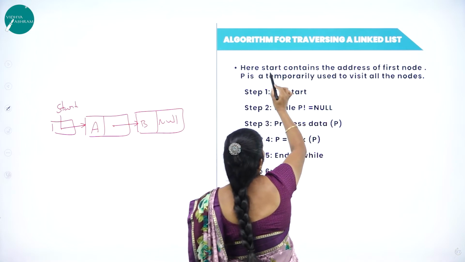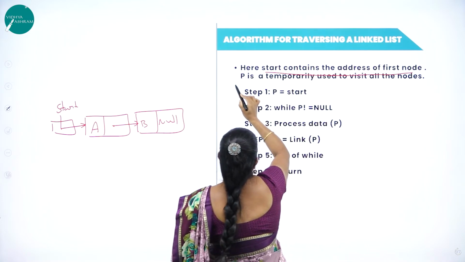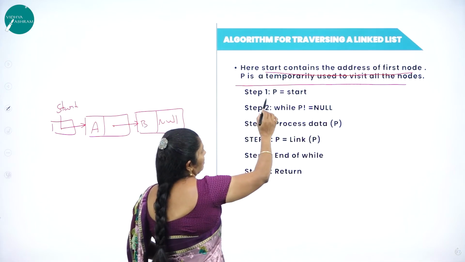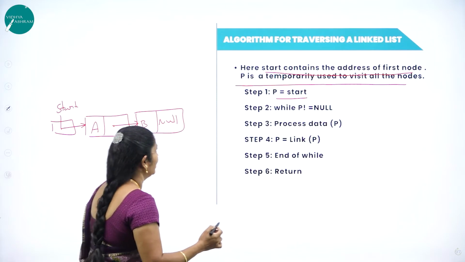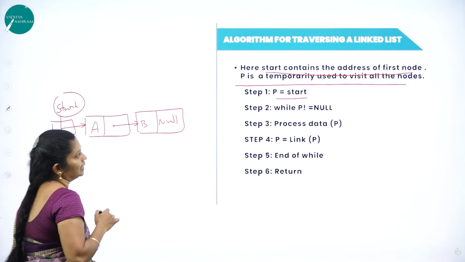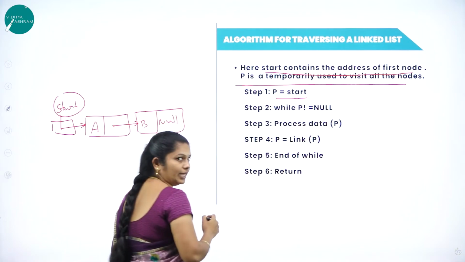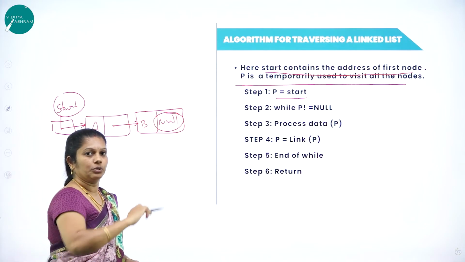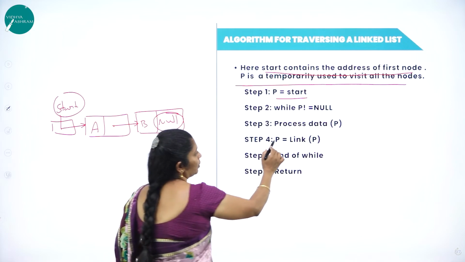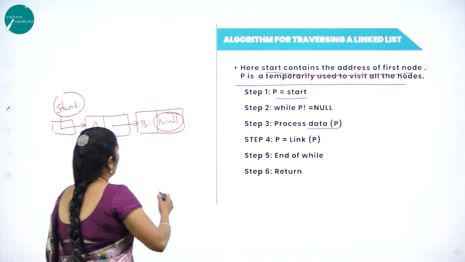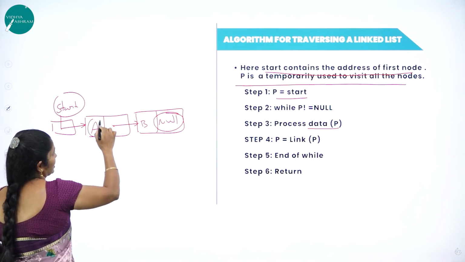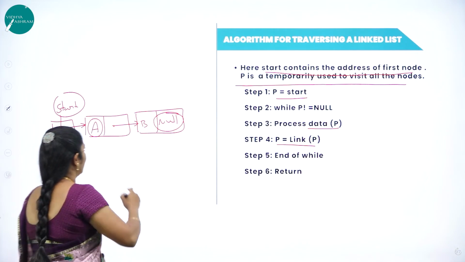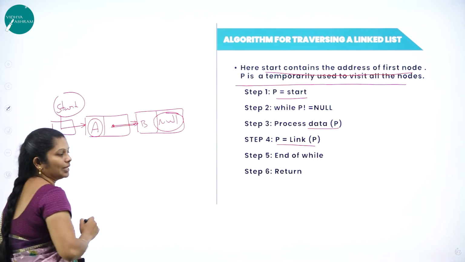Here start contains the address of the first node and P is temporarily used to visit all the nodes. Step 1: P equals start. Here this P contains the starting address. Then while P is not equal to null, it means that until this pointer address is not equal to null, it has to process the data part of P. Consider this is P. Here it will process the data part of P and then P equals link of P. Whatever address is in that, it will move to the next node.